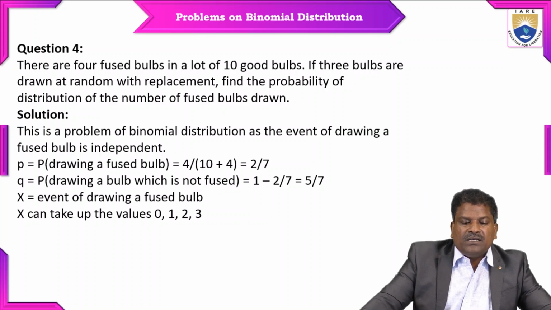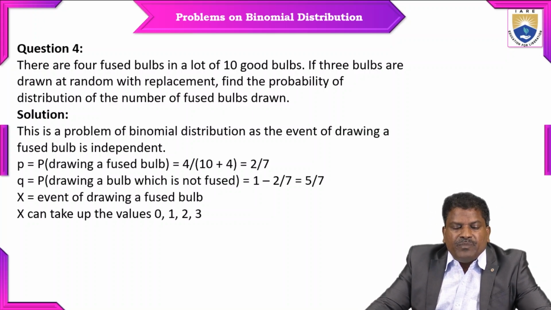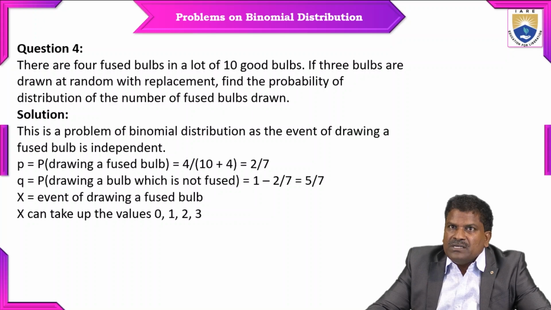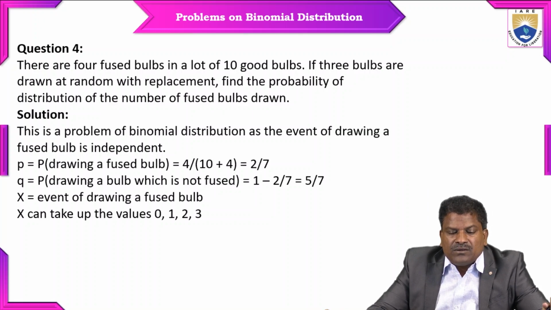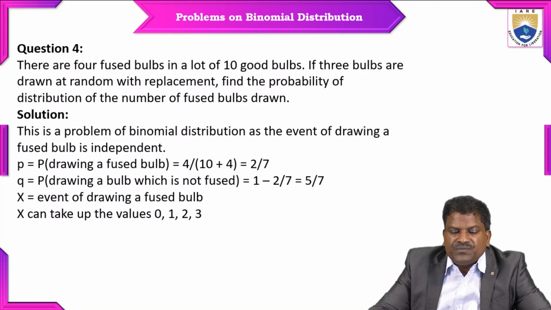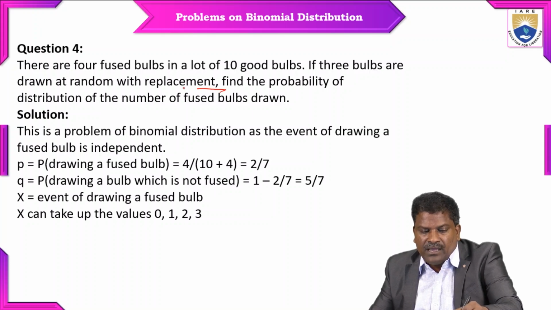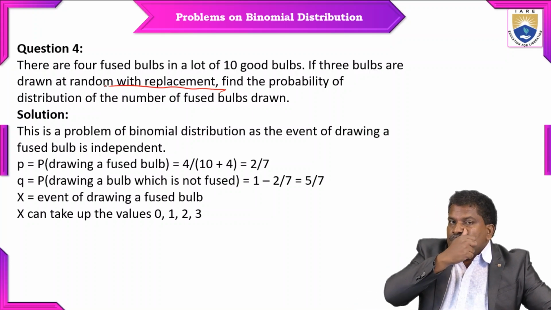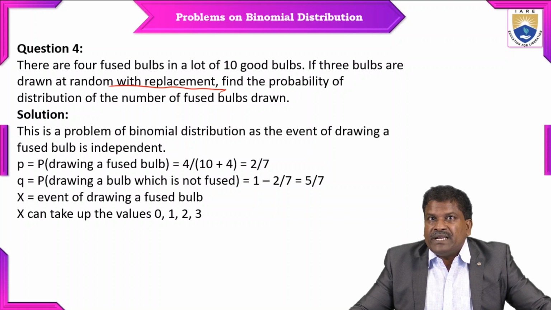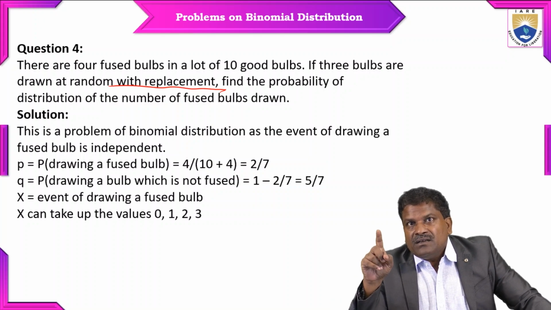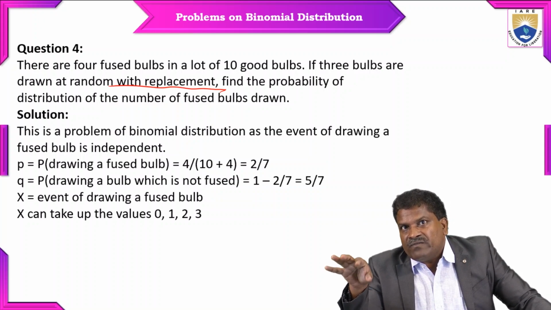Here, P of drawing a fused bulb is the number of fused bulbs by total number of bulbs, 4 by 10 plus 4. Why are we writing 10 plus 4? Replacement. It is very, very important. That's why I told you replacement and no replacement. For replacement, we have to do it one way.